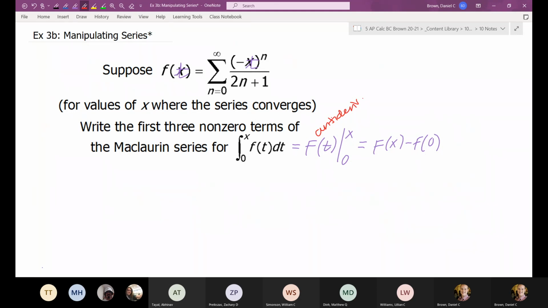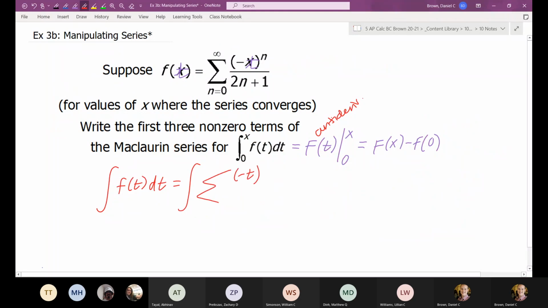So let's talk about finding the integral of this expression. Let's just talk about the integral of f of t dt. What I'm integrating is this series, the sum of negative t to the n over 2n plus 1 dt.